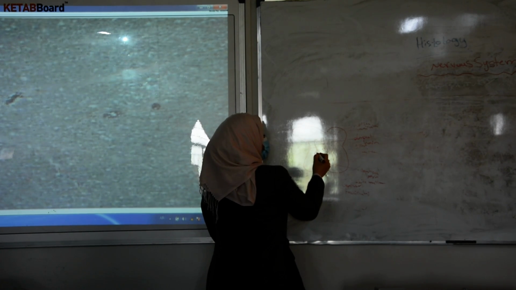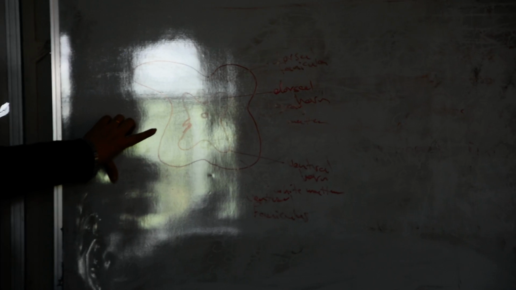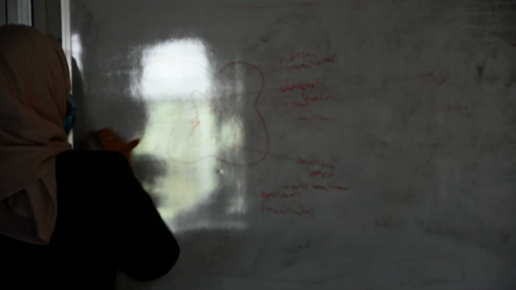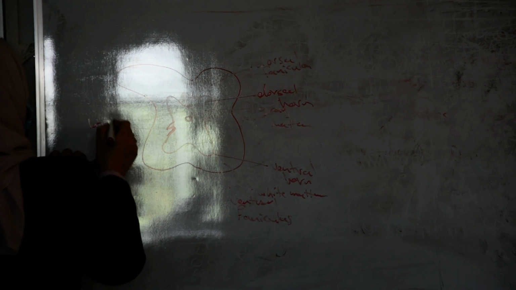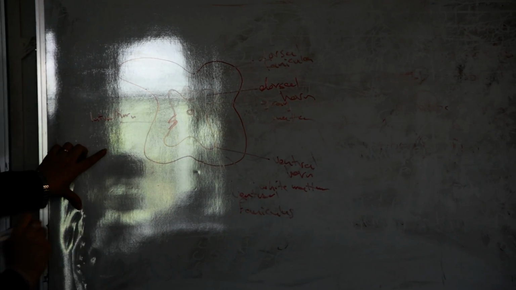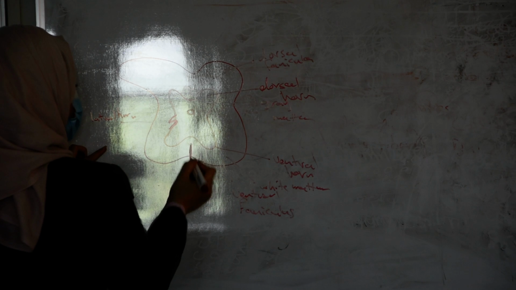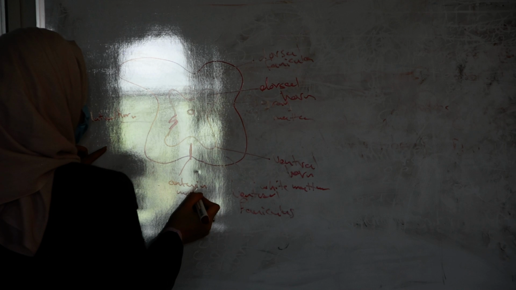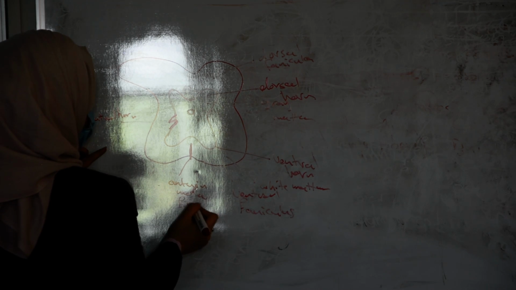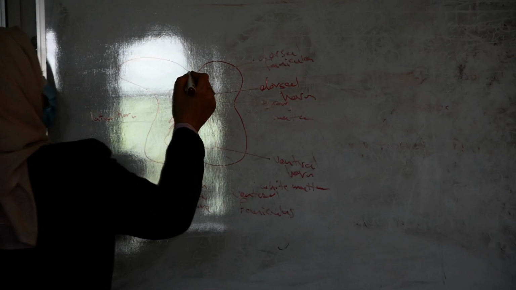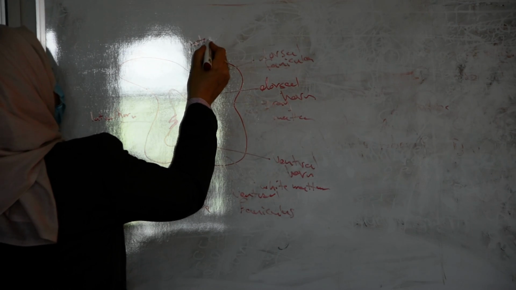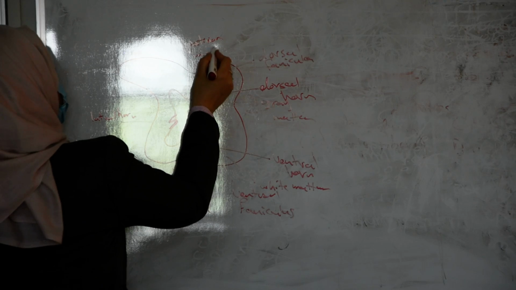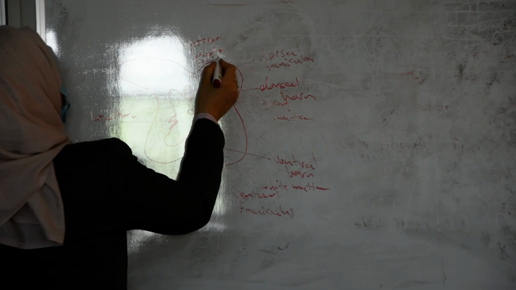At the thoracic we have a lateral horn. The characteristic feature of the thoracic region is the presence of a lateral horn. Also we have the anterior median fissure and the posterior median sulcus.